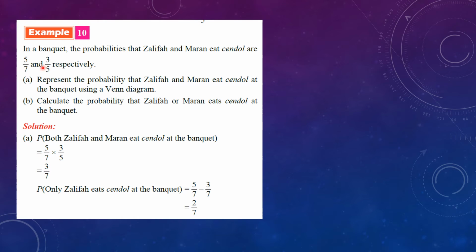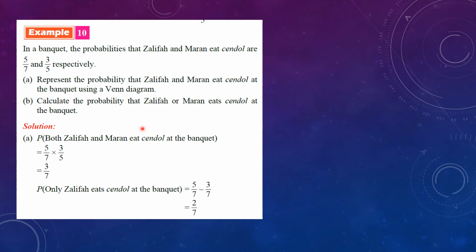Next, below, example 10. In a banquet, the probabilities that Zalifa and Maran eat cendol are 5 over 7 and 3 over 5 respectively. Represent the probability that Zalifa and Maran eat cendol at the banquet using a Venn diagram.